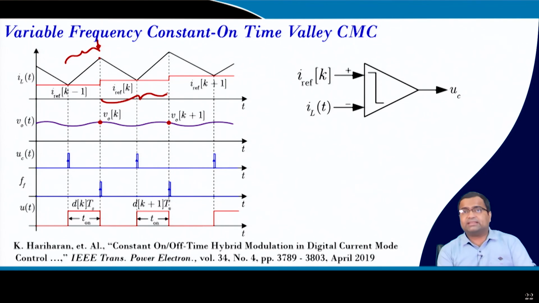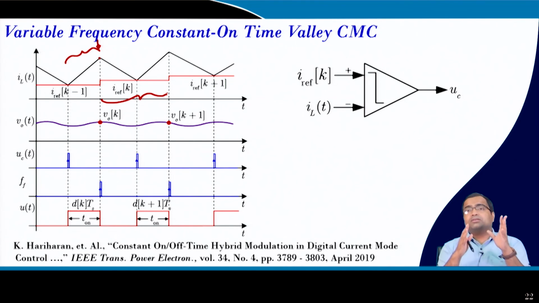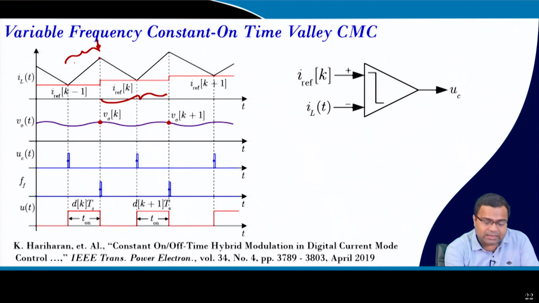This is also reported in this paper, where we have shown that by means of one sample per cycle we can get a stable periodic behavior for a wide range of operation. And since in variable frequency control the current loop never becomes unstable for the entire duty ratio range, you can take the benefit of that inherent current loop stability as well as digital controller tuning, where the time period can be adjusted by setting a suitable on time, so that we can regulate the switching frequency.